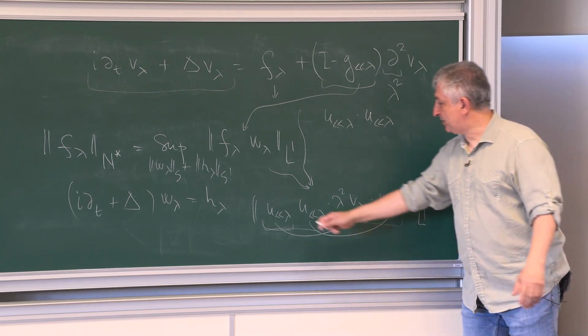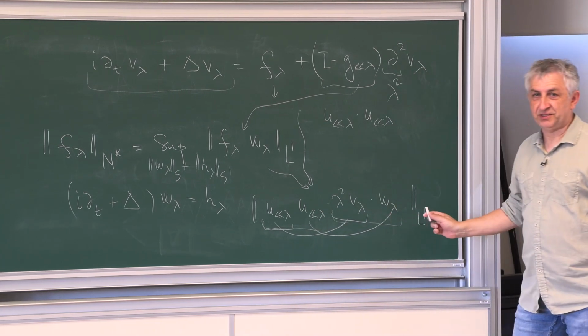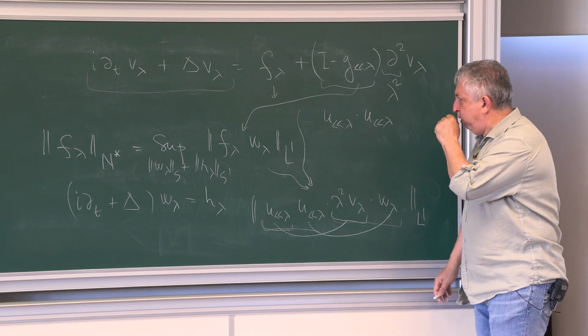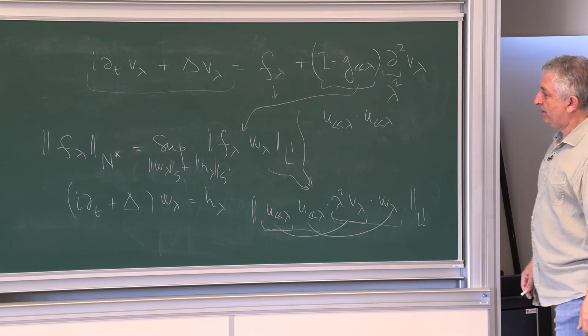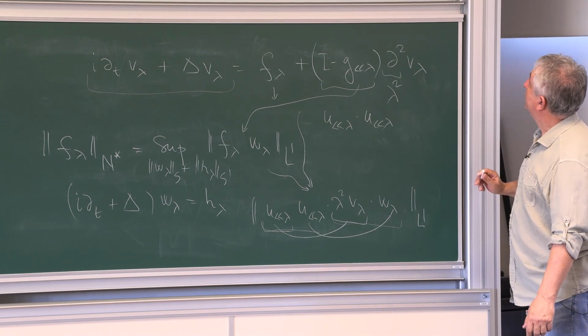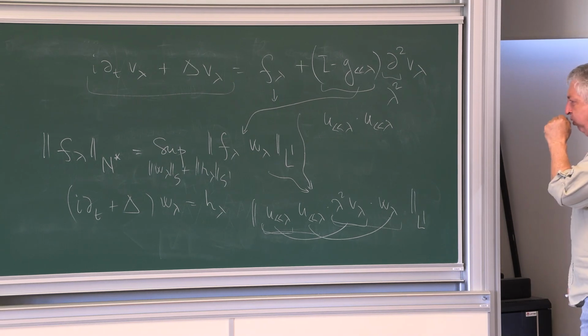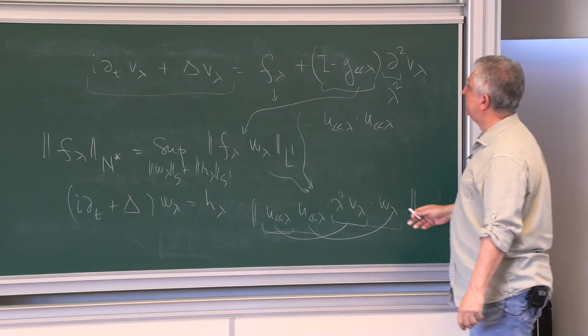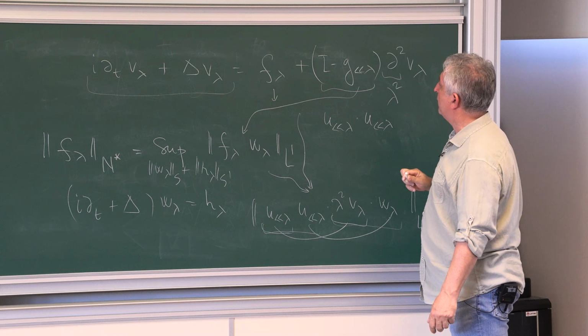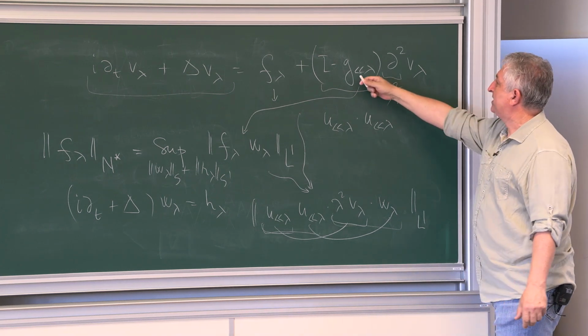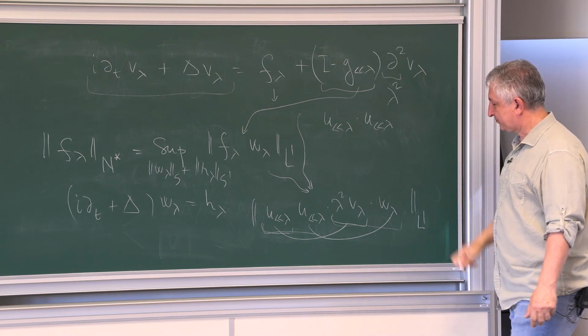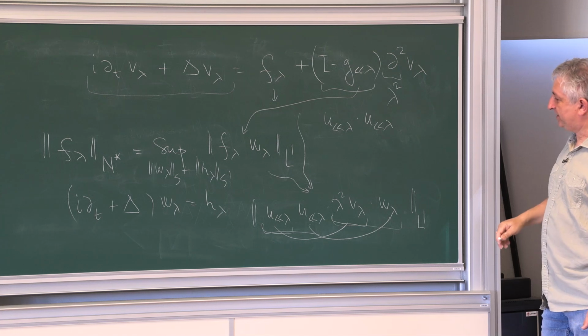Still makes no difference. As long as you estimate unbalanced interactions, you're good. All right, so the argument that I showed you in here tells us that we can take the error from replacing the metric with the constant metric and estimate that perturbatively.